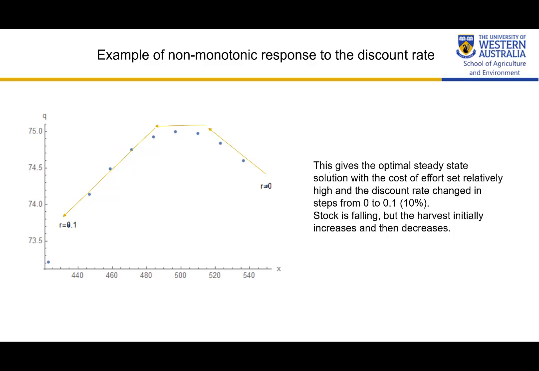So here's an example of a comparative static analysis. We're looking at the effect of the stock of fish and the quantity of fish caught, and the exogenous variable we're interested in is the discount rate.